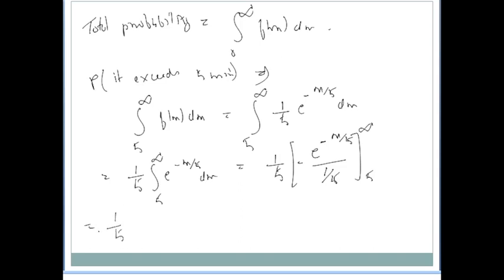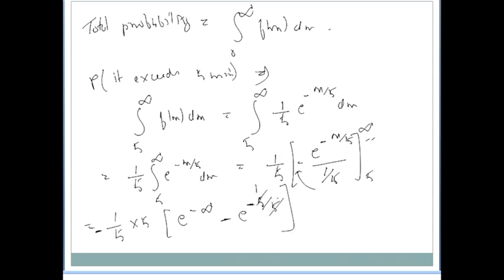This will be 1 by 5 times minus 5. Putting in the limits, we will have e to the power minus infinity minus e to the power minus 5 by 5.